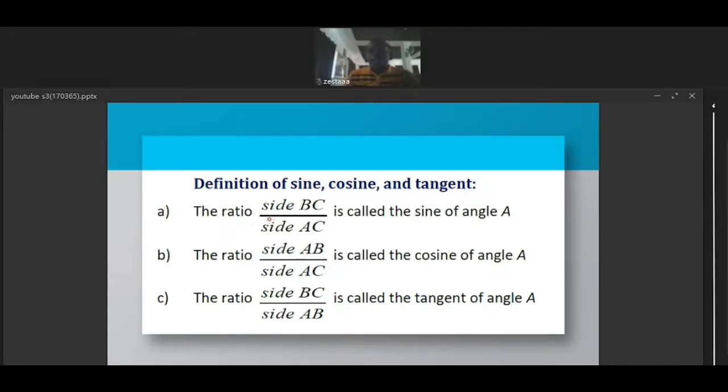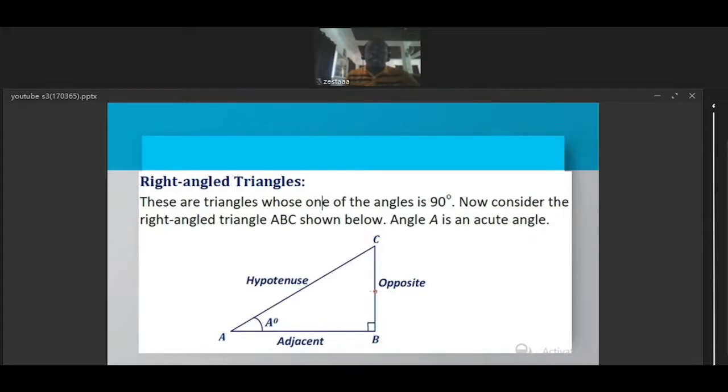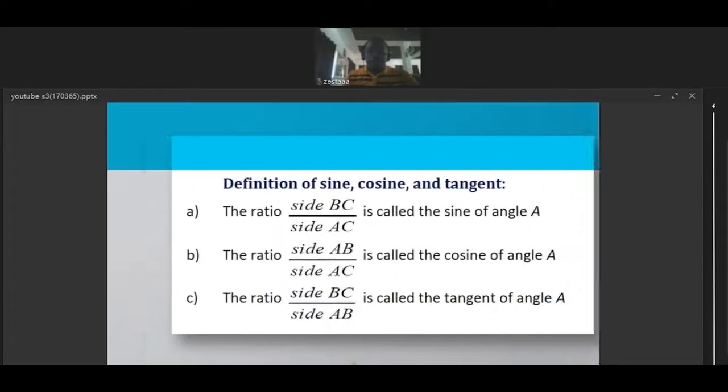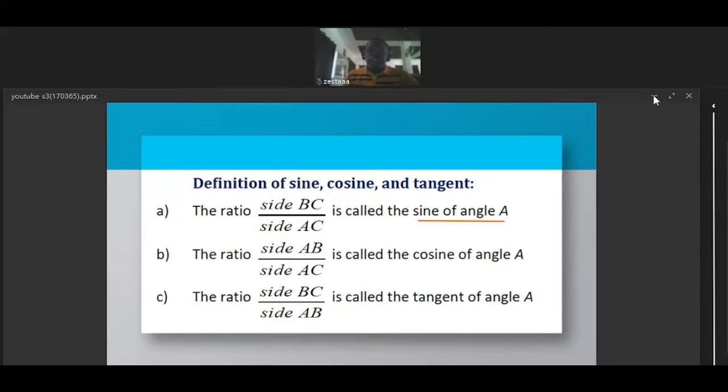Now we say that the ratio of side BC to side AC is what you call the sine of angle A. Let me draw it here so that we can follow it clearly.